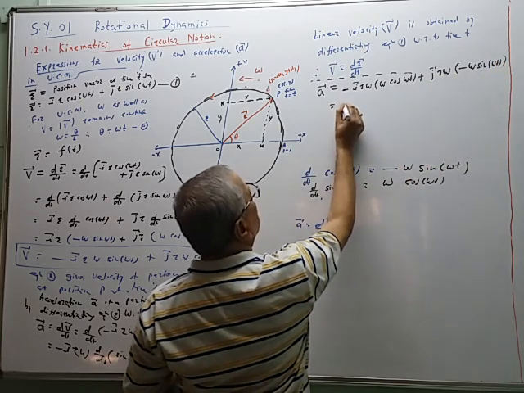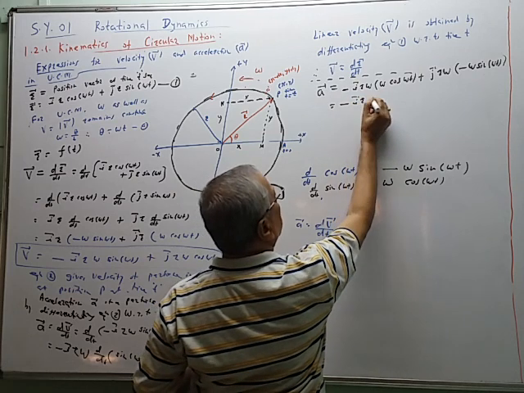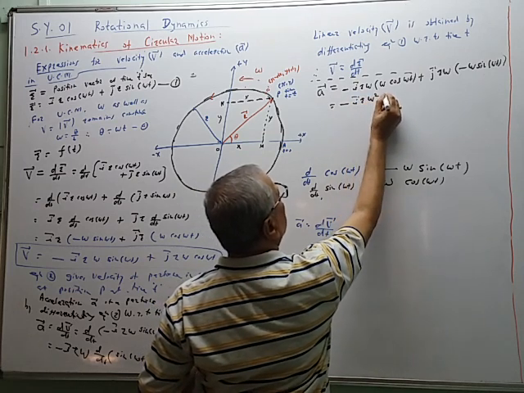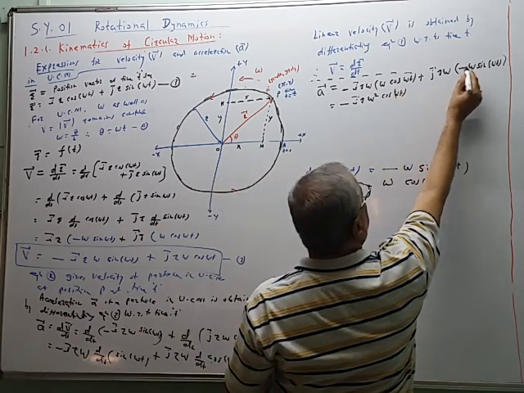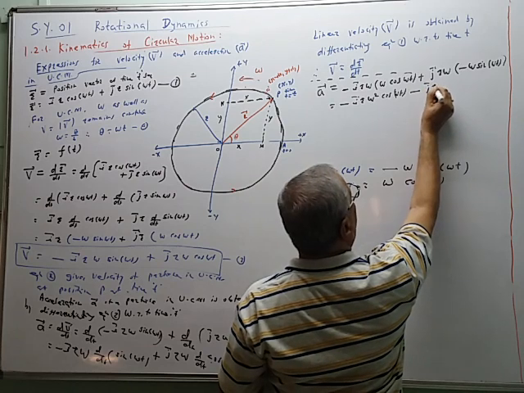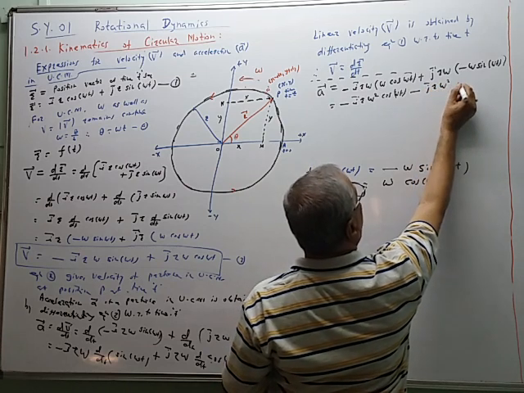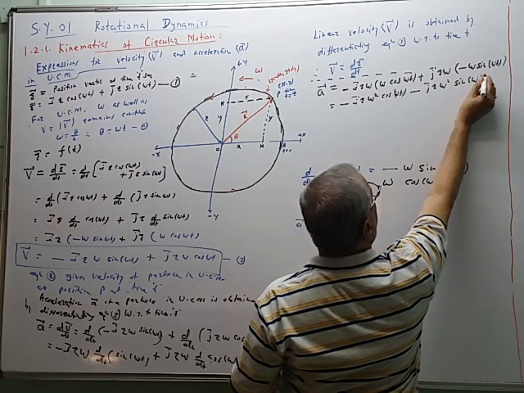So this is equal to minus i r omega into omega square cos of omega t. This is minus, this is plus, so minus j r omega square sin of omega t.